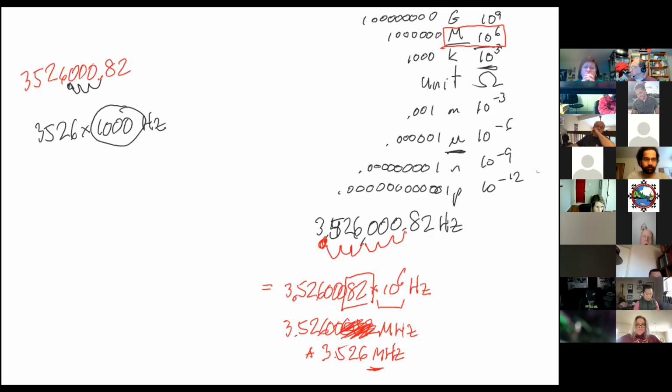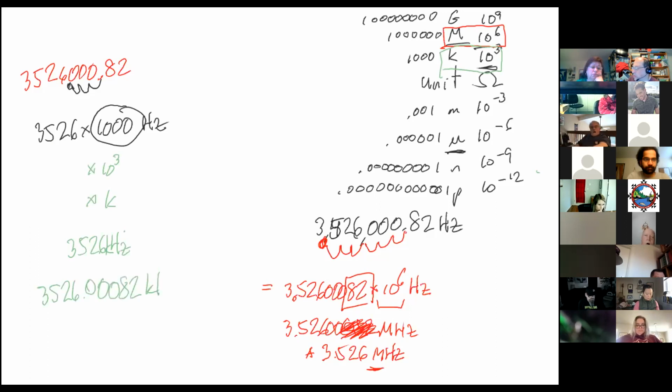And that 1,000 goes back over here to kilo, or K. So that would be 3526 kilohertz. Or, if I carried all the decimal places, 3526.000082 kilohertz. And that's how we move decimal places around.